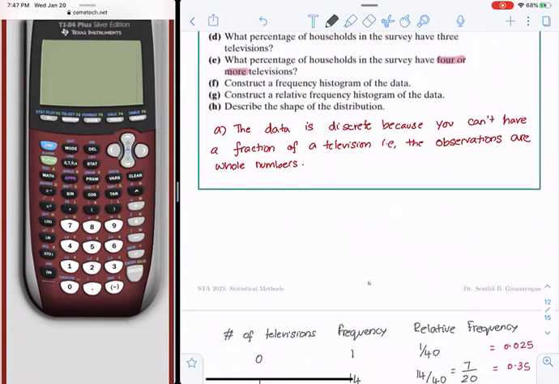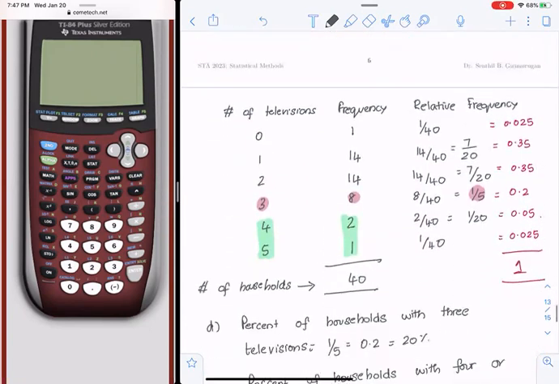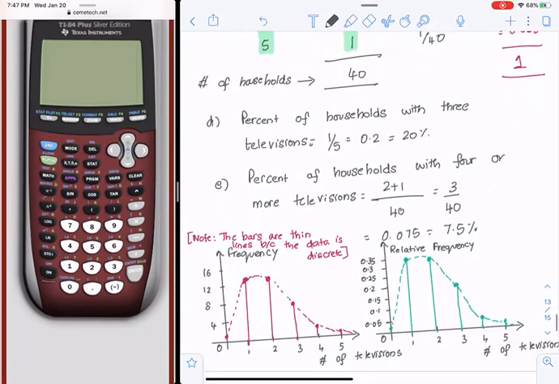And they want us to describe the shape of the distribution. It doesn't matter whether we are looking at a frequency distribution or relative frequency distribution. The shape is the same. All we are changing is the y-axis. And you can see the data is sort of skewed to one side.